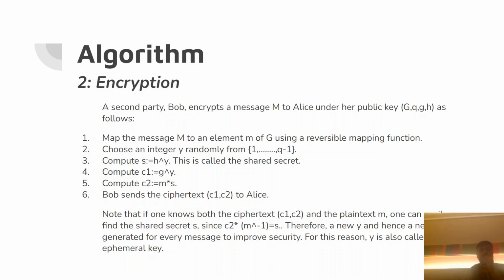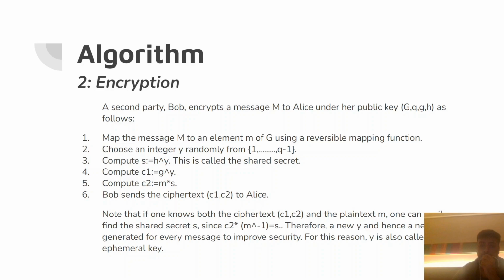After that, we talk about the encryption algorithm. A second party, basically the receiver, Bob, encrypts a message m to Alice under her public key G, q, g, h as follows.